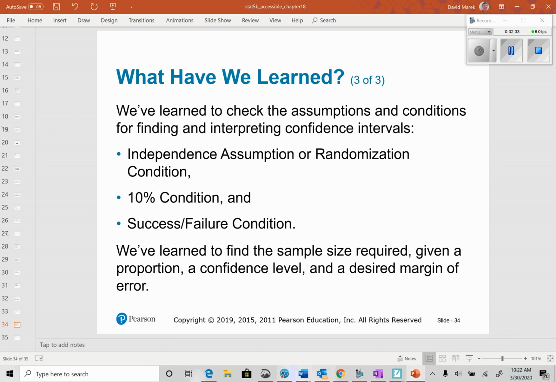Again, the independence assumption, randomization condition, the 10% condition, and again, making sure that your sample size is big enough, the success and failure conditions. Again, both of those calculations have to be shown.